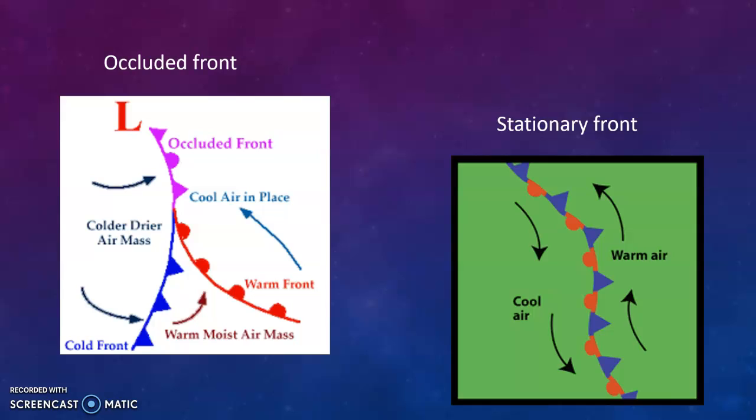It usually stays in the area for days. This is what you're going to see when we have a stretch of rainy days or a stretch of fair weather days. And it creates cloudy skies and continuous precipitation. So I guess it's going to create more of those rainy days than fair weather days. Those overcast days that are kind of gloomy, that's where you would get a stationary front.